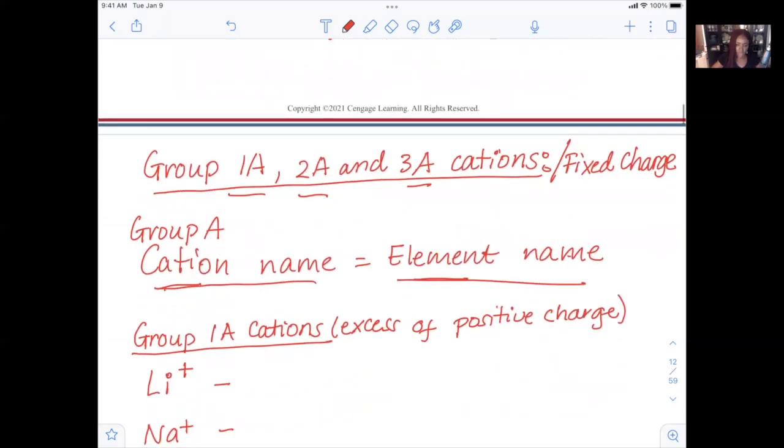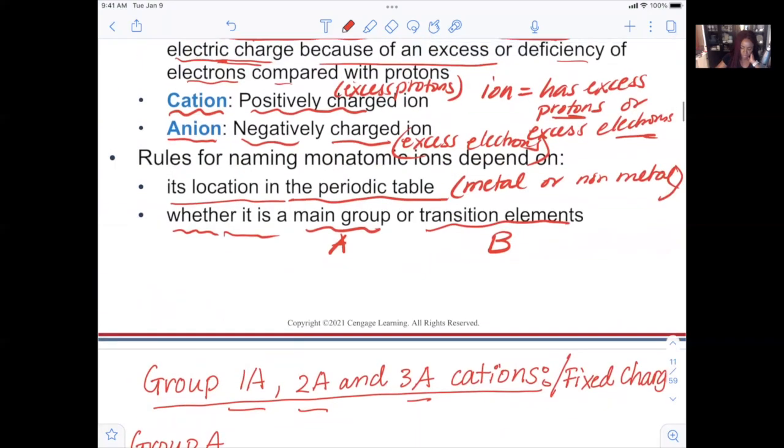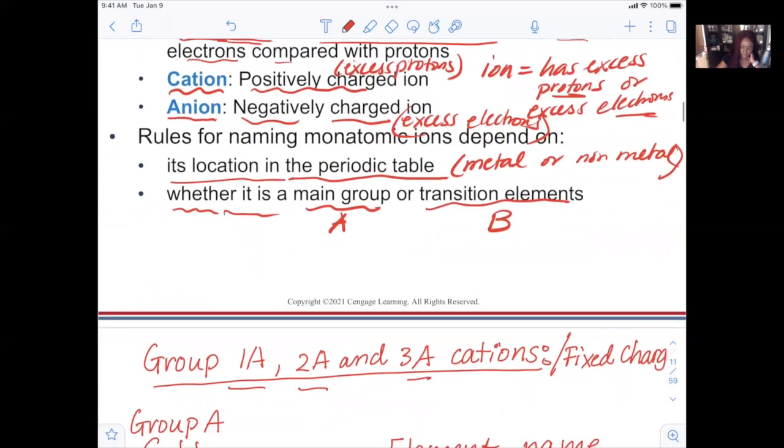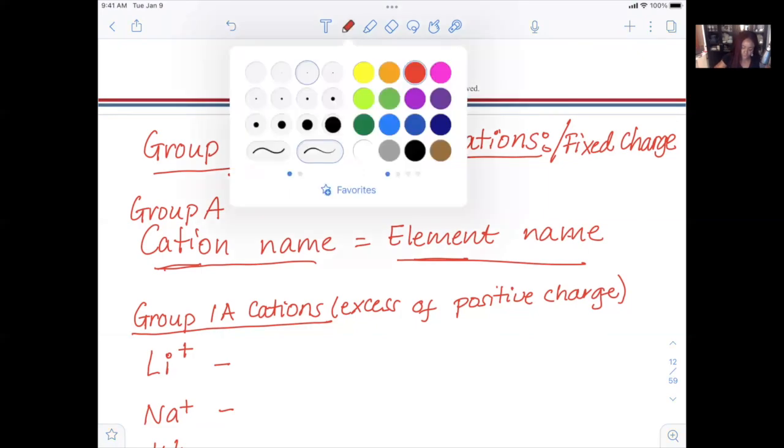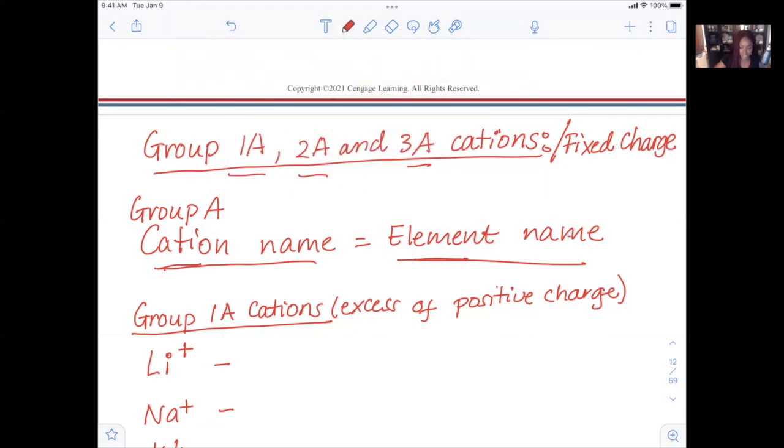So looking at the rules right here, we are going to be starting with naming cations. We will start with naming cations. The way I've written this, I wrote this ahead of time. We're going to start with group 1A cations. Remember, cations, not anions.